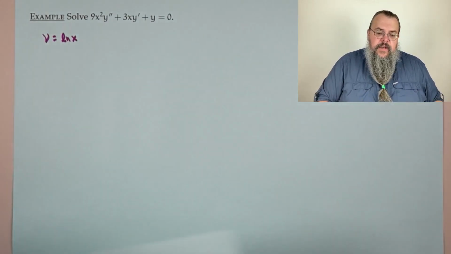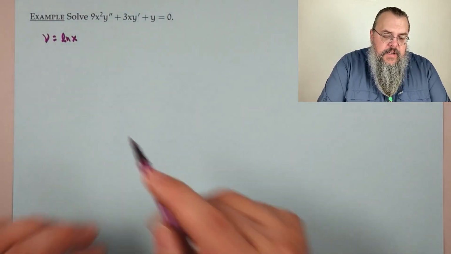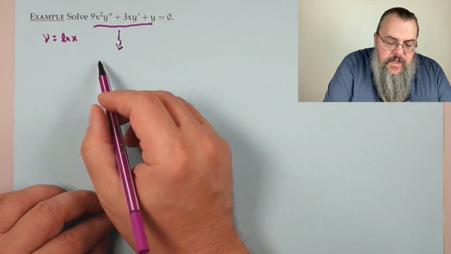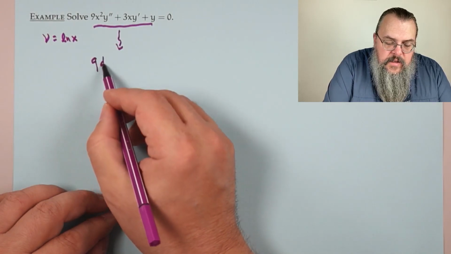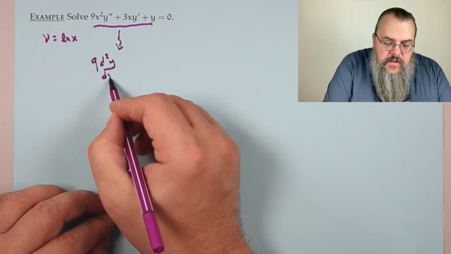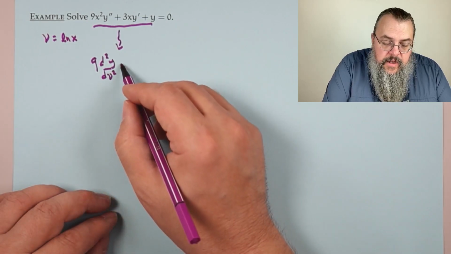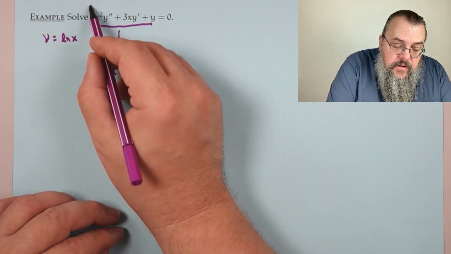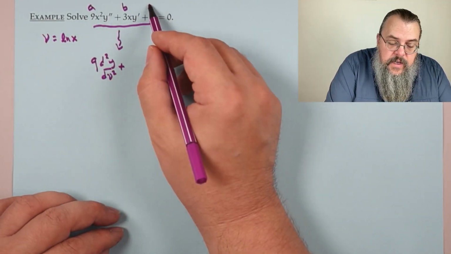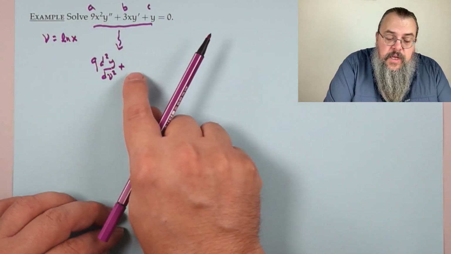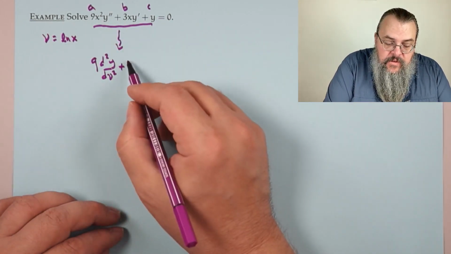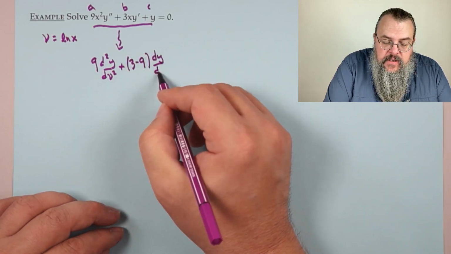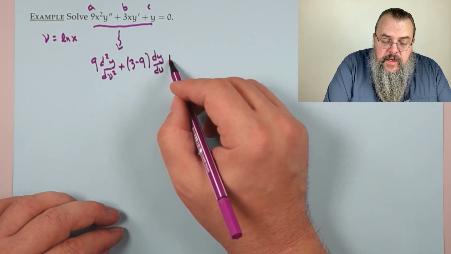So this now becomes 9 d squared y d nu squared plus, and here we write a, b, c, so the next term should be b minus a, so 3 minus 9, dy d nu, and then we have y.